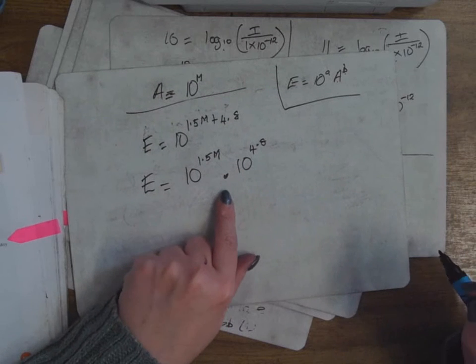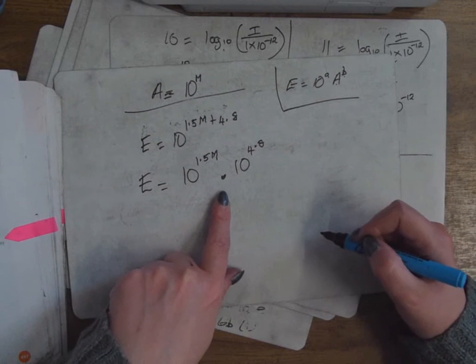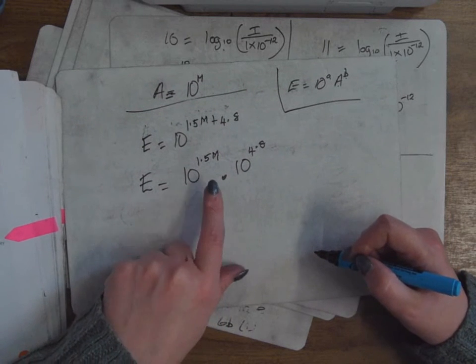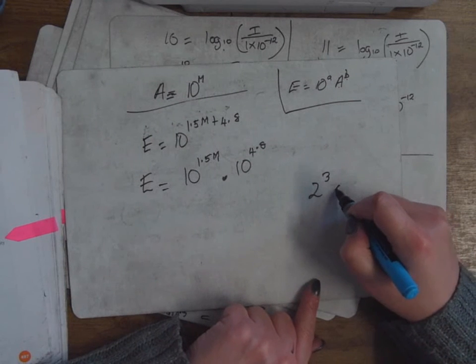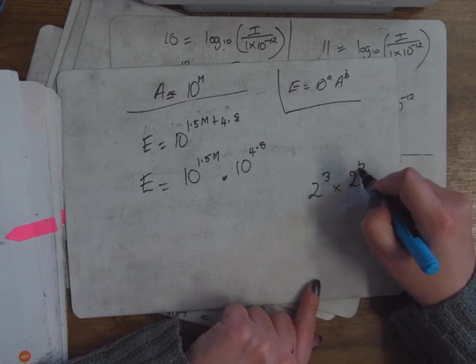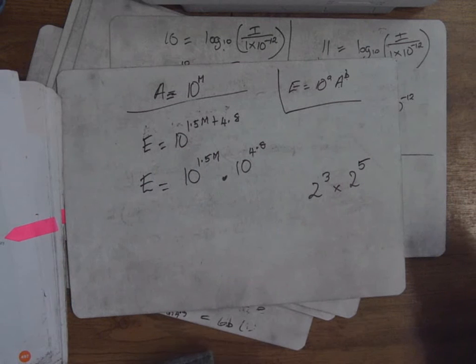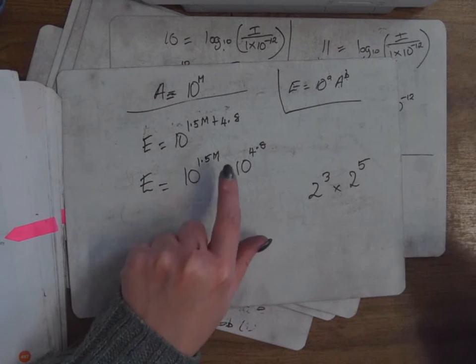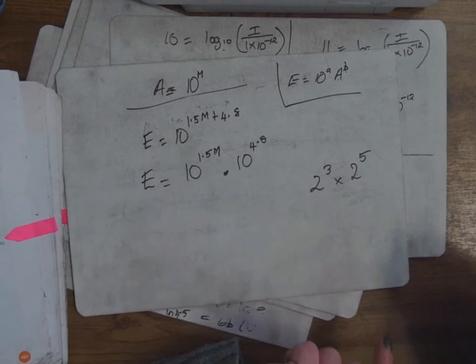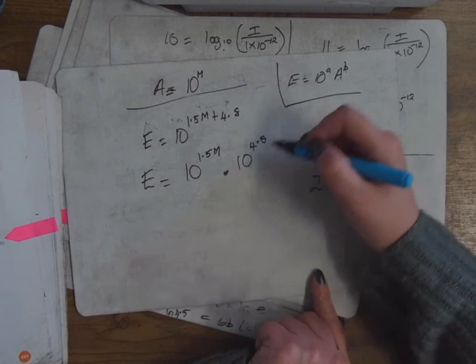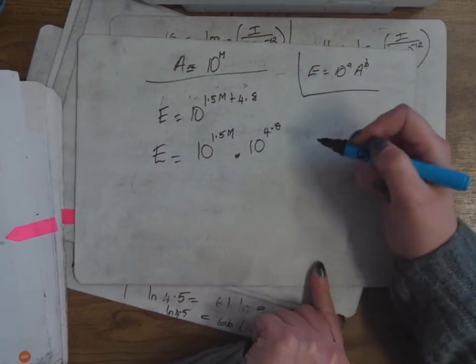I put a dot for the multiply instead of a multiply sign because I don't want you to think it's an x. If you had 2 to the power of 3 multiplied by 2 to the power of 5, you would tell me that was 2 to the power of 8, wouldn't you? So if you have 10 to the power of that multiplied by 10 to the power of that, you would add the indices, wouldn't you? Agreed? Yeah, I'll take that as a yes, we agree.